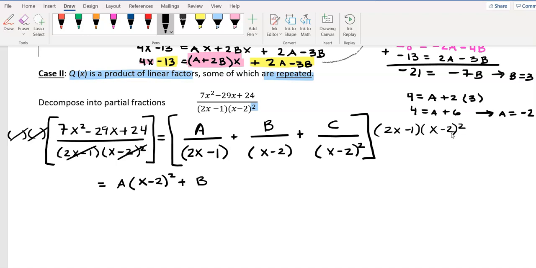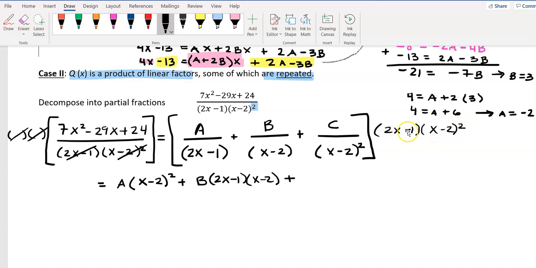All right, so then I'll have b times, and our denominator here is x minus 2, so I need the 2x minus 1, and I only need one of the x minus 2s, because there's 2, and I already have 1, so I only need one more. So this one's going to have a 2x minus 1 and an x minus 2, and then plus our c, which already has the x minus 2 squared, so this whole piece is okay.